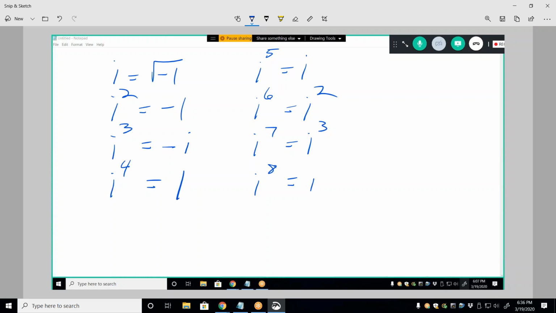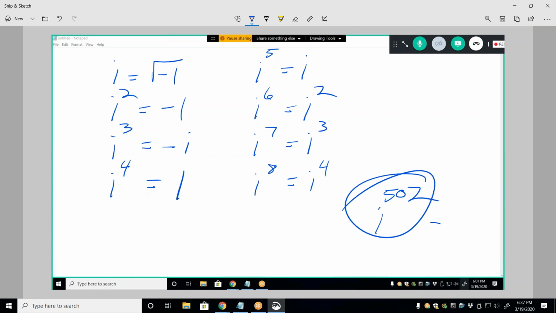Okay, but in other words, where this is going to come into play is if I said, what is I to the 502nd power? By using this pattern that I just drew, you can answer that. In other words, divide the exponent by 4. What do you have left over? 2.